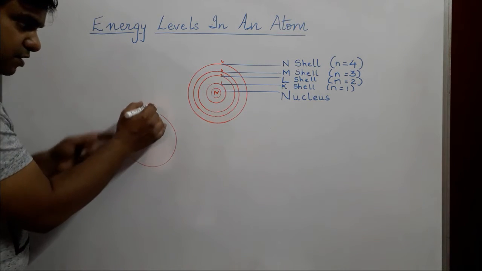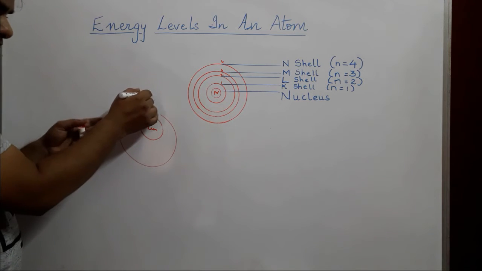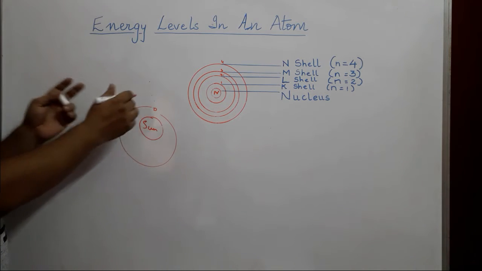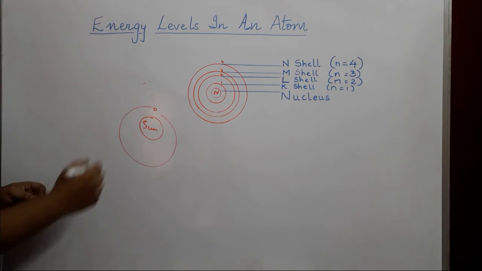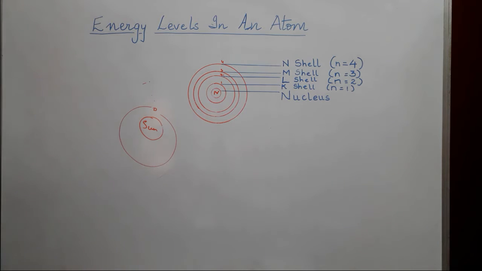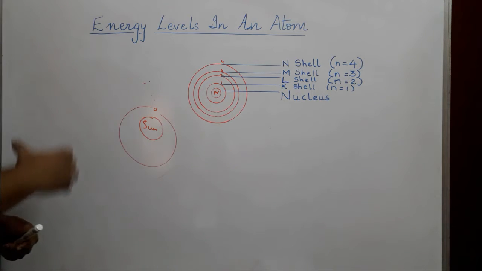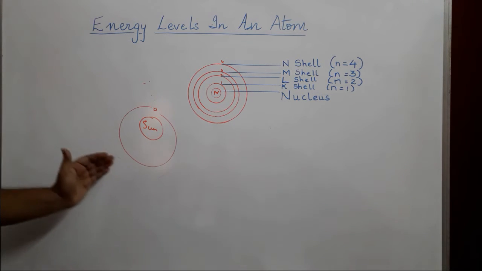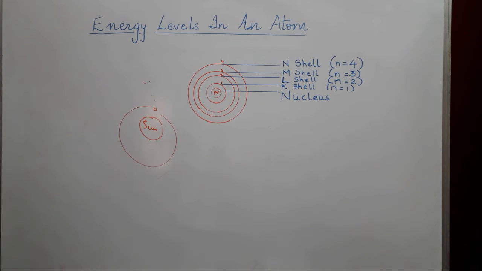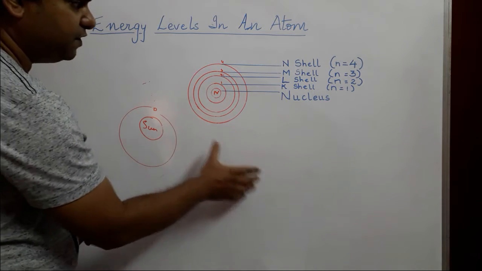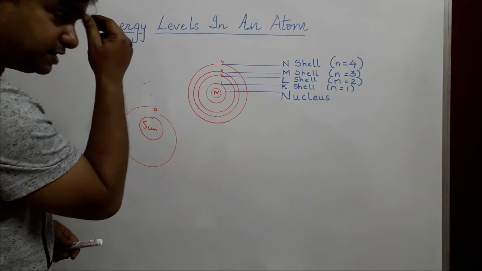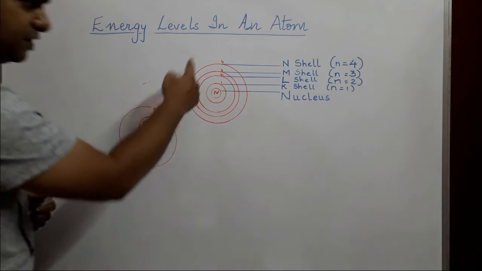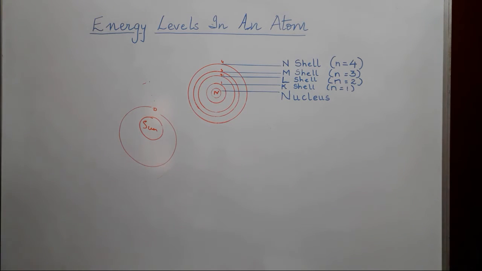We have Mercury, Venus, Mars, Earth, and they don't collide with each other because they move around in particular orbits. An orbit is a particular pathway, a circular or elliptical path followed by the planets. Similarly, in an atom, electrons move around in orbits. These orbits are known as shells or orbitals, in which these electrons keep moving.